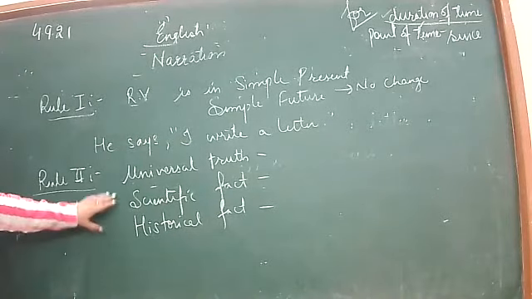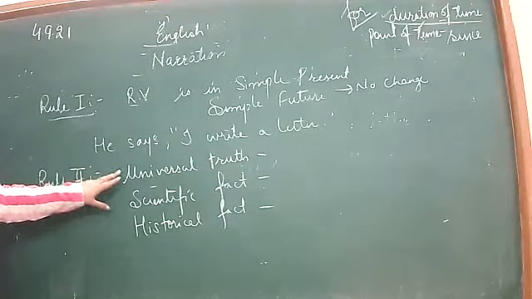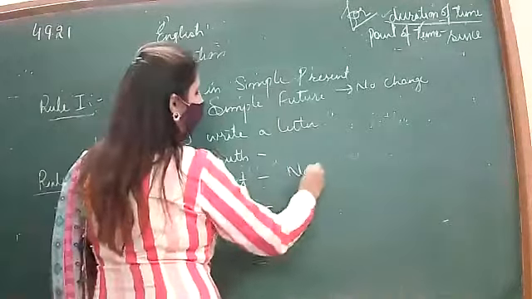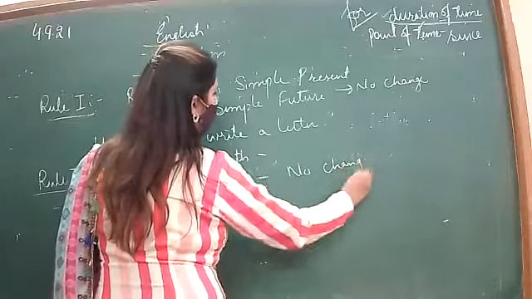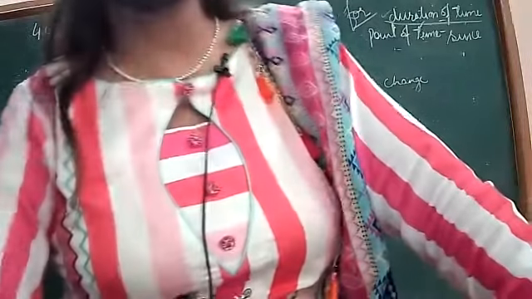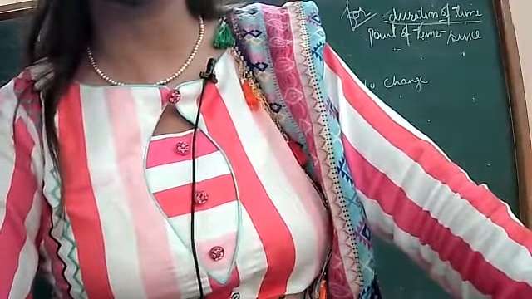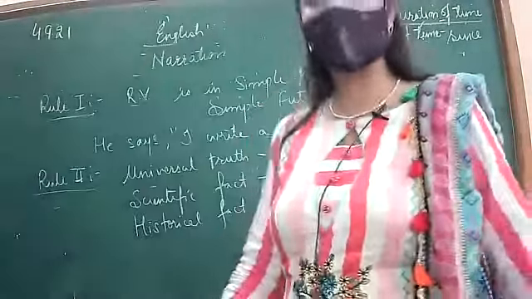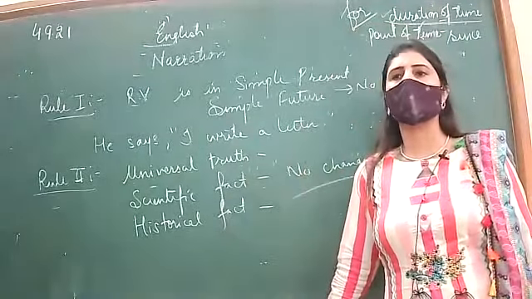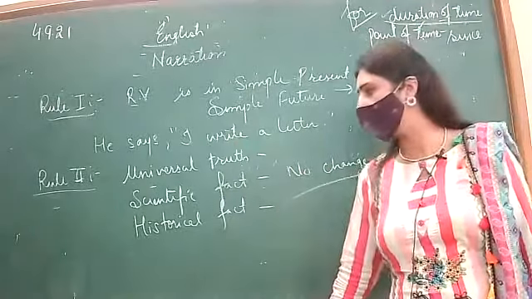Then there is also no change in the tense. For example, universal truth, the saint said God is everywhere. Naturally, God is everywhere. So how it will be? The saint said that God is everywhere.